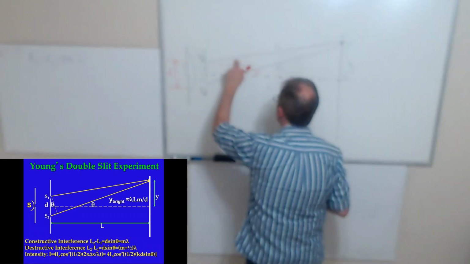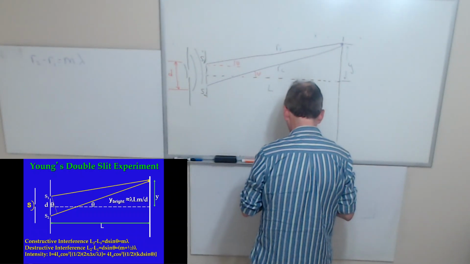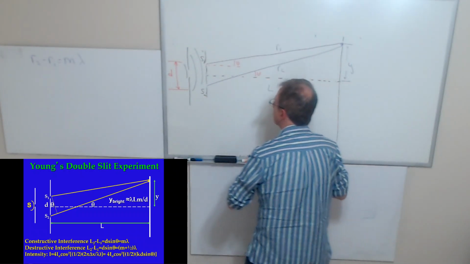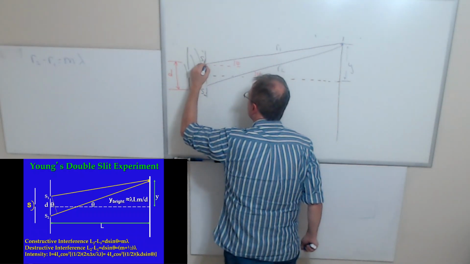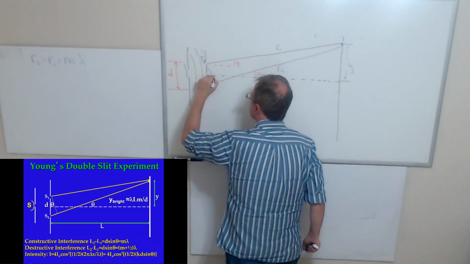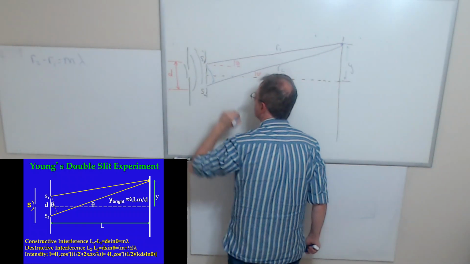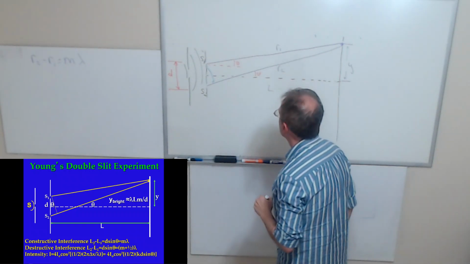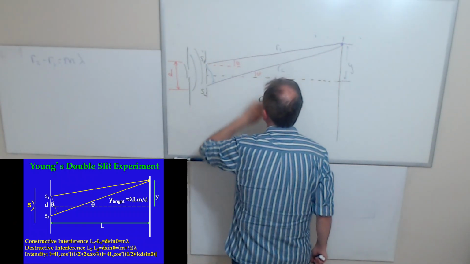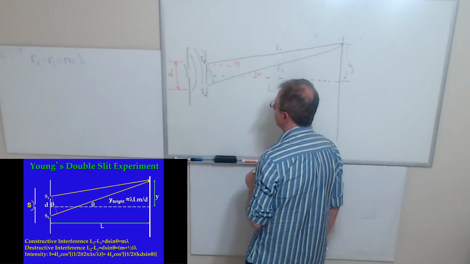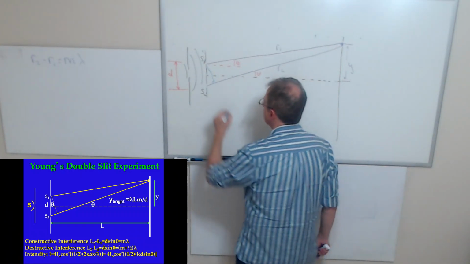Because these angles are about the same, I'm going to draw a line perpendicular here. Again, like I said, this angle and this angle are about the same. By construction, this angle is theta.